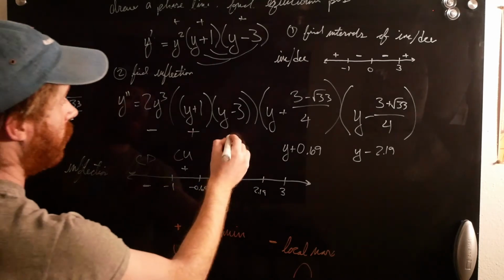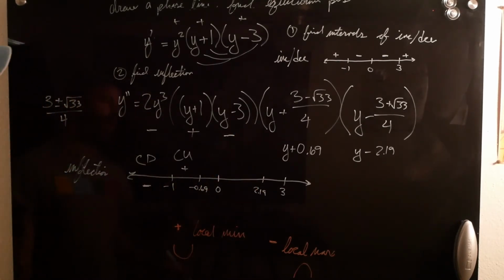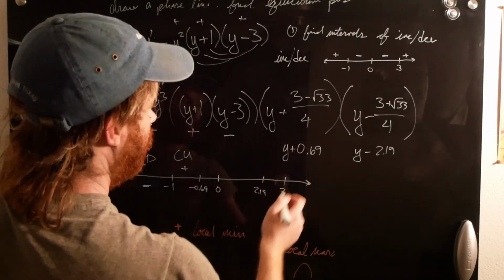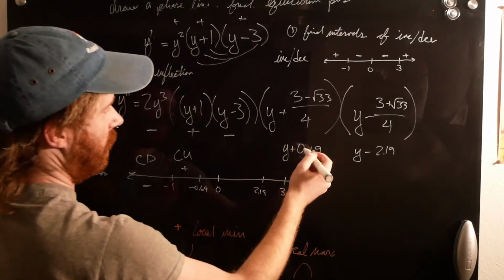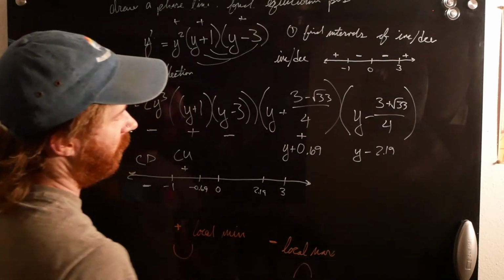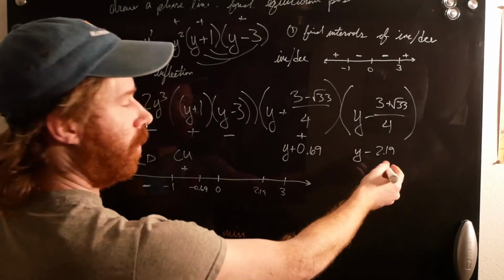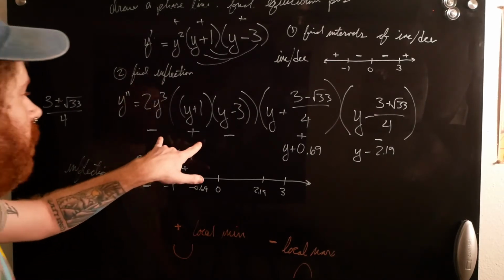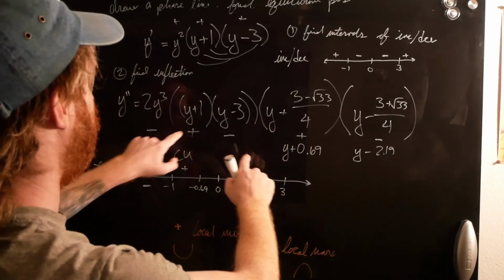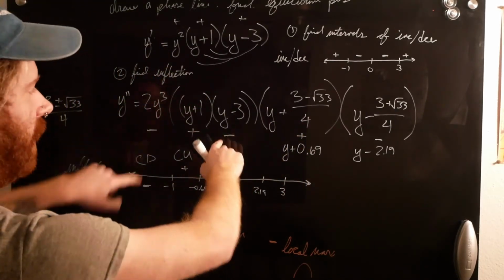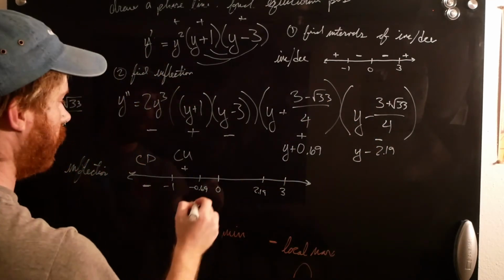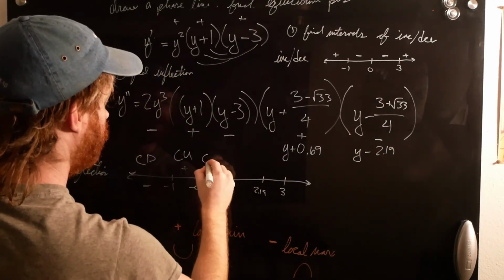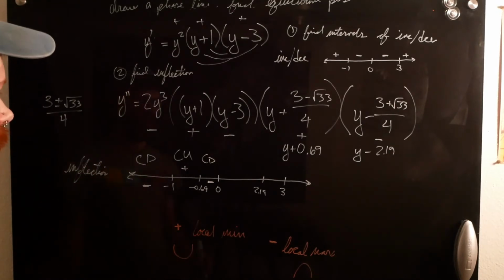Negative 0.1 minus 3 is negative again. Negative 0.1 plus 0.69 is going to be a positive. Negative 0.1 minus 2.19 is going to be a negative, right? So now we have positive, positive, positive because of the two negatives, and then another negative. So this is going to be negative, so concave down, okay?